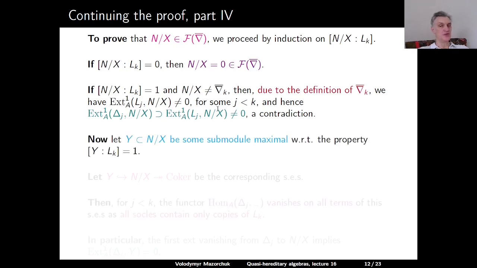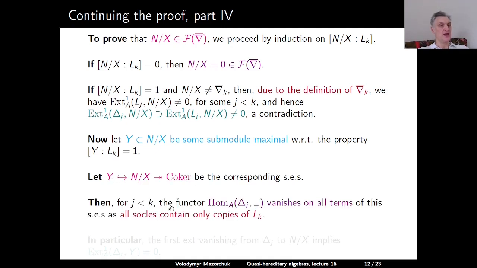So now, to prove the induction step, let Y be some submodule of N/X, which is maximal with respect to the property that the multiplicity of L_k in Y is 1. Then we have the corresponding short exact sequence: Y embeds into N/X, and we have a cokernel. So if j is smaller than k, then the functor Hom from Δ_j vanishes on all terms of the sequence, because all socles contain only copies of L_k, and Δ_j doesn't have L_k.